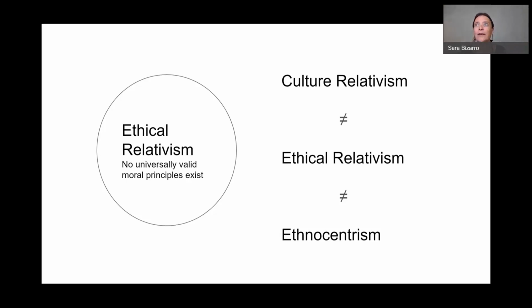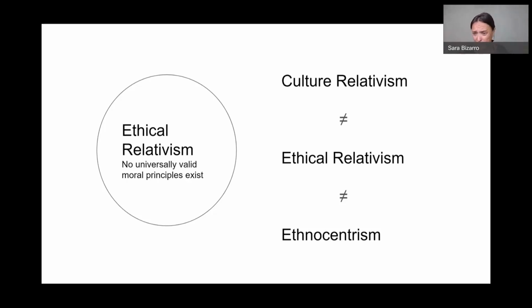Say you go to 20 countries in Europe, and they all have the same culture. They don't, but let's imagine they all have the same moral culture. You could still say, okay, all these countries have the same moral culture, but I still think ethical relativism is true.